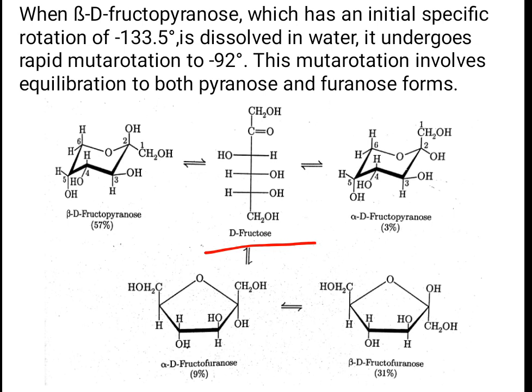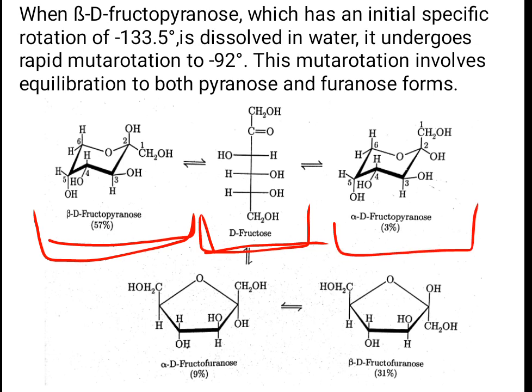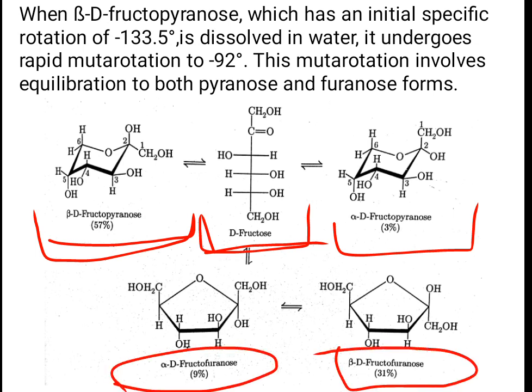So this is your D-fructose, and you are taking beta D fructopyranose. At first this is converting into the open chain structure, then into the alpha D fructopyranose, as well as you are getting the fructofuranose, alpha and beta D fructofuranose structures.